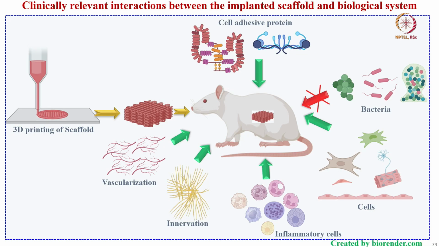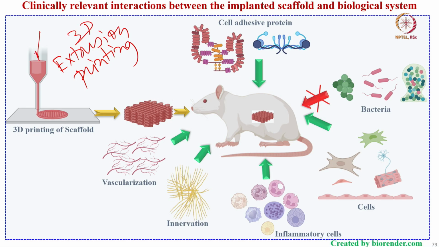Okay, let us first start with these clinically relevant interactions between the implanted scaffold and biological systems. So, you see this is the 3D extrusion printing. You apply the pressure from the top.